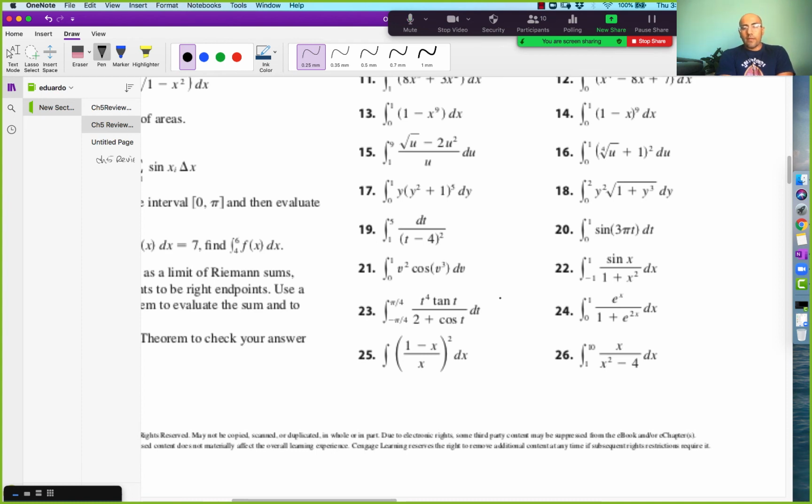So that triggers my thought that maybe it's one of the functions that can be solved by a simple trick or a simple property. If we pay attention to the limits of integration, we can see what's happening here. We're integrating from negative pi over 4 to positive pi over 4.